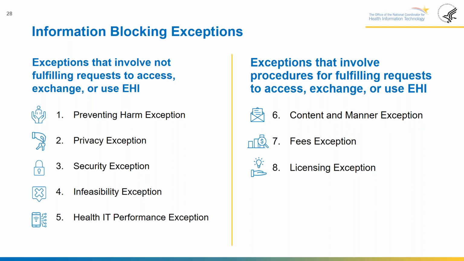And that particular exception is aligned very carefully with the HIPAA privacy rule, right of access provisions, so that in circumstances where you could deny an individual access under the privacy rule, right of access to their PHI in order to prevent harm to themselves, to the patient, or to another person.